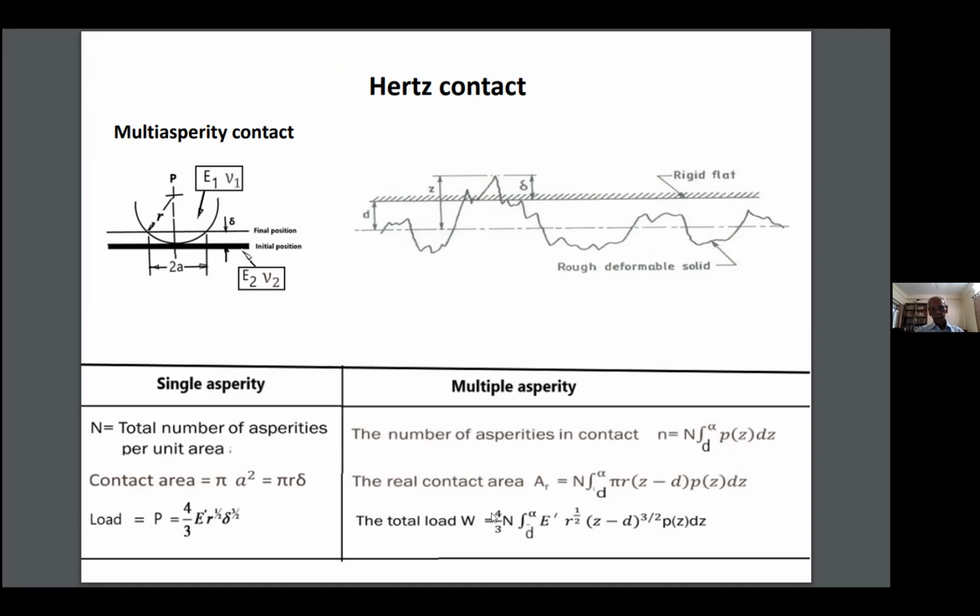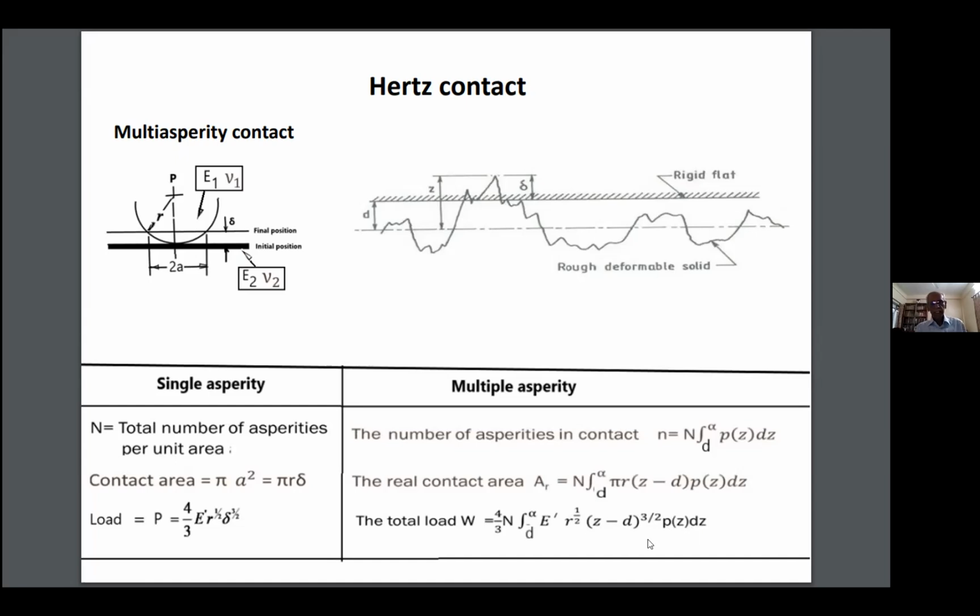And here we do the same thing, but we integrate with the probability density function and dz. So delta is replaced by Z minus D, to the power 3/2, and Pz dz. So this gives us the total load.